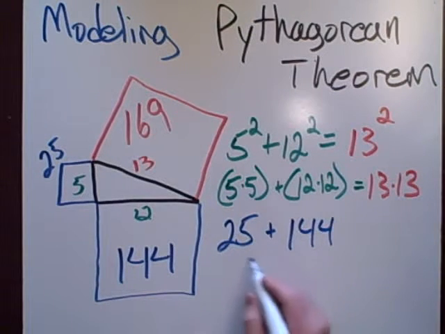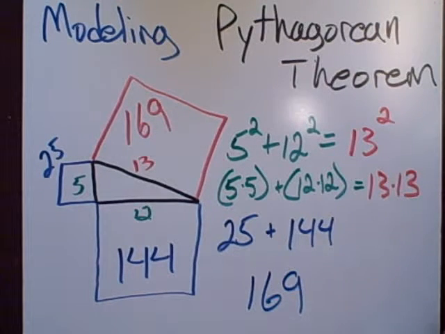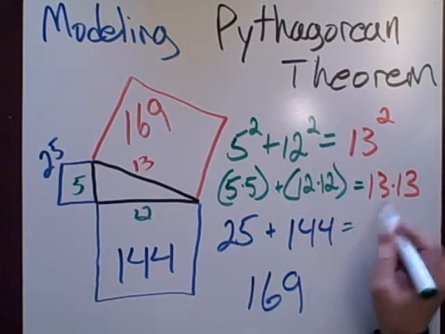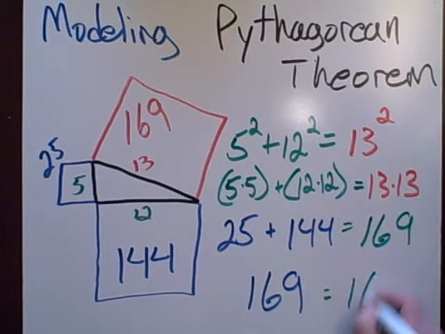And this side equals, let's see, 25 plus 144 is 169. And you'll notice on the right side, 13 times 13, or 13 squared, is 169. So you have the left side equaling the right side.